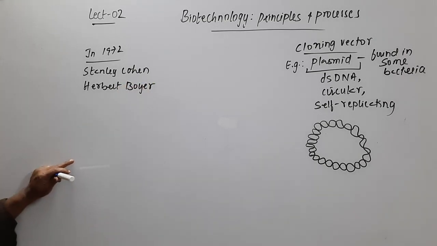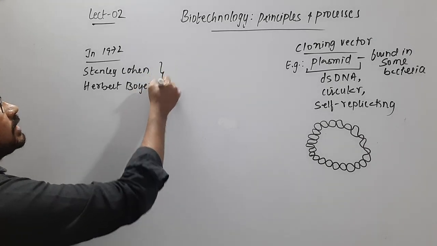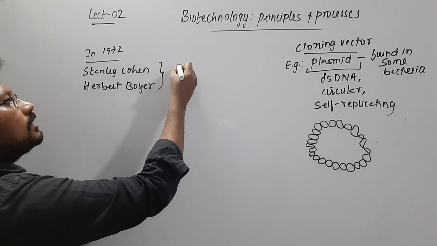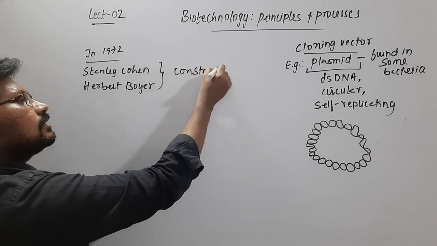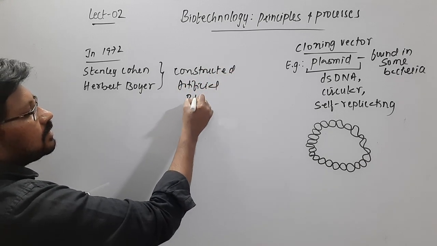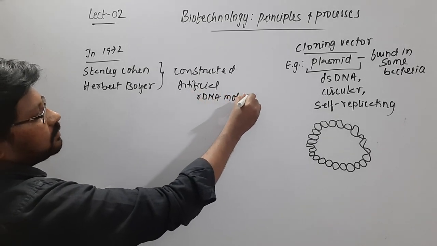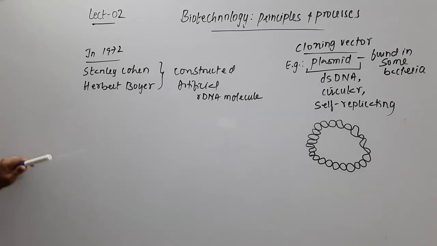Stanley Cohen and Herbert Boyer are the two persons who actually constructed the first artificial rDNA molecule.